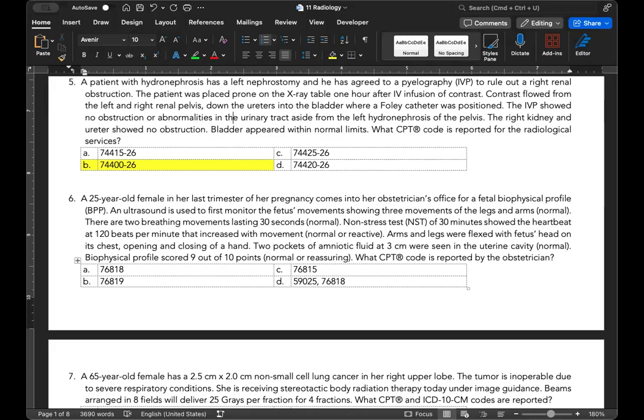Yeah, I don't see it under BPP. So let's look at it from a spelling out. So we're going to look at biophysical profile or fetal biophysical profile. Let's do fetal because it's a little bit more specific.